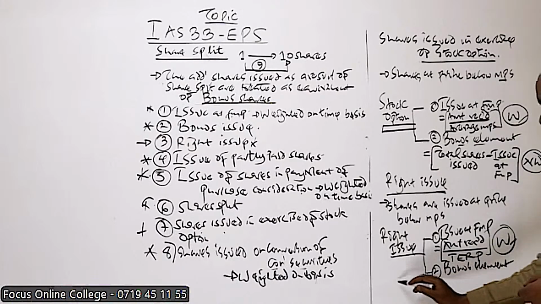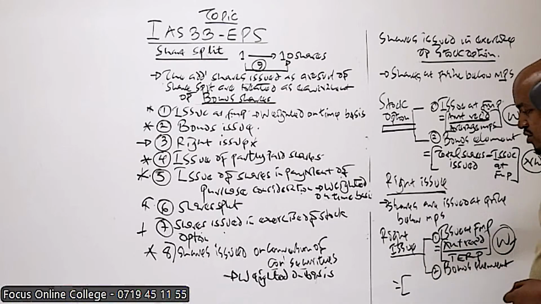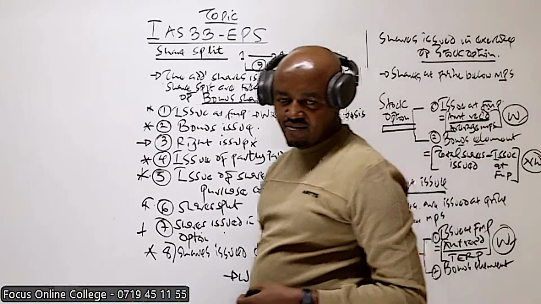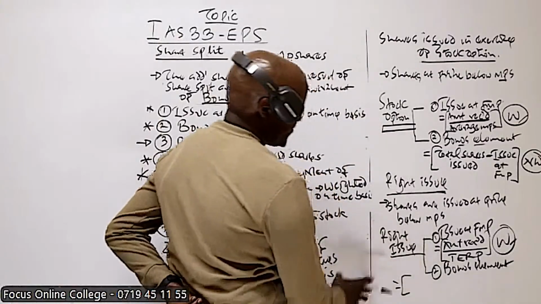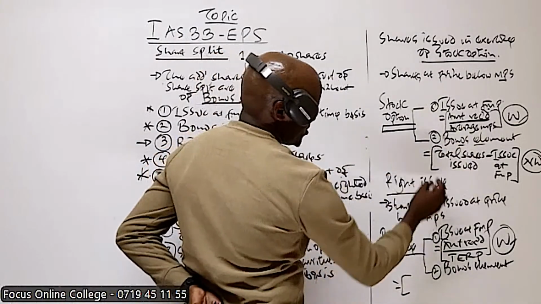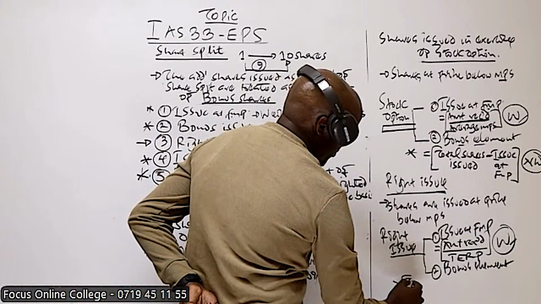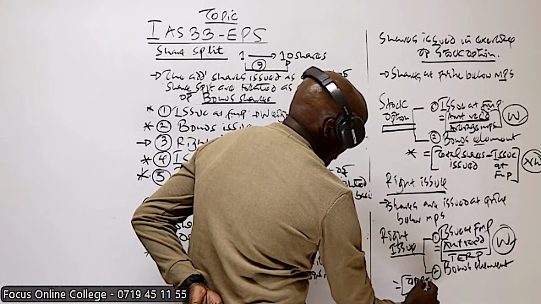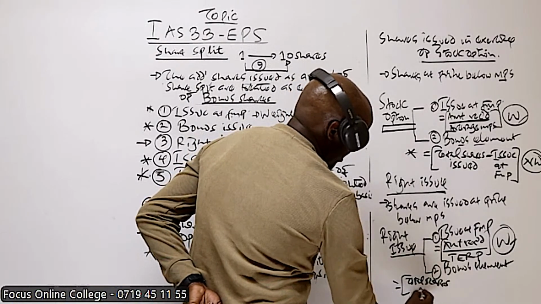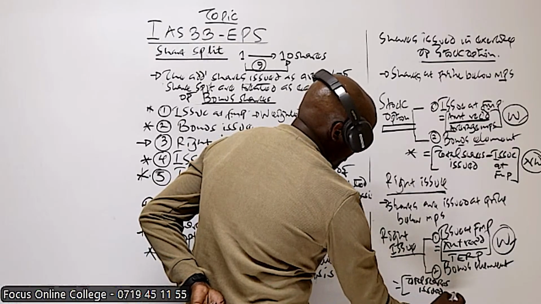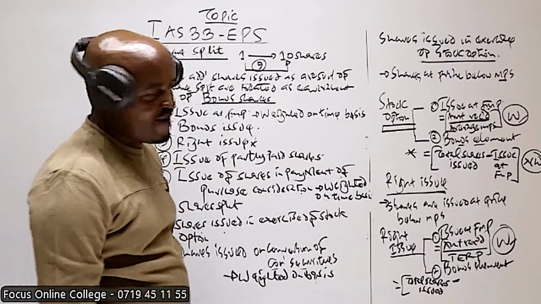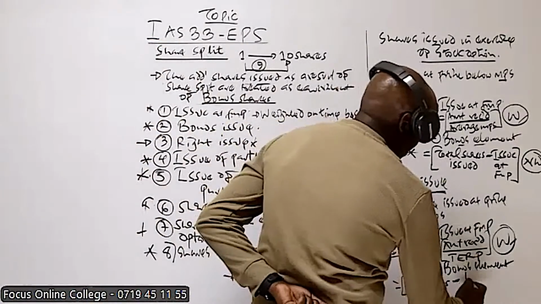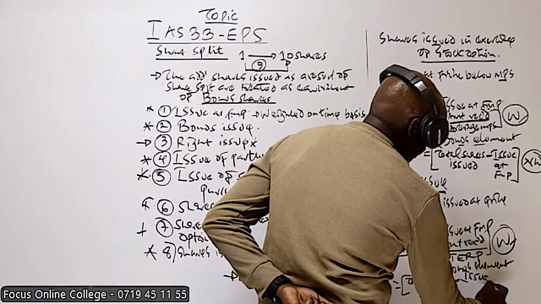So what about the bonus element? Bonus element are the shares which are deemed to be issued free of charge. And the formula for computing this is the same as this one. So we take the total shares which were issued, how many shares were issued to the existing shareholders of the company, total shares which were issued, and then we less the issue at full market price.